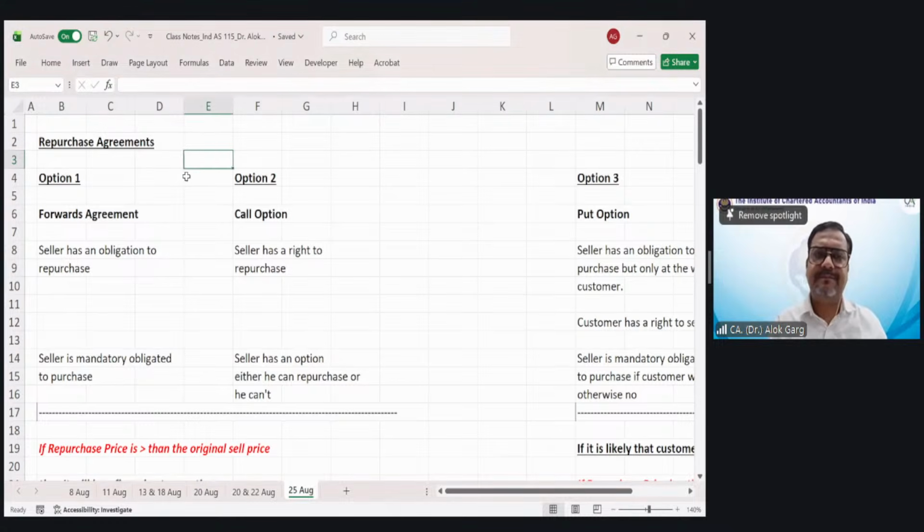My dear friends, repurchase agreements are of 3 types: forward agreement, call option, put option.